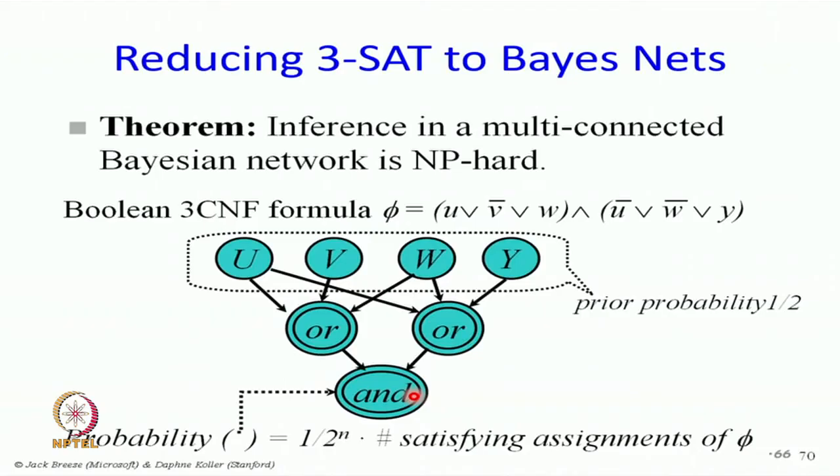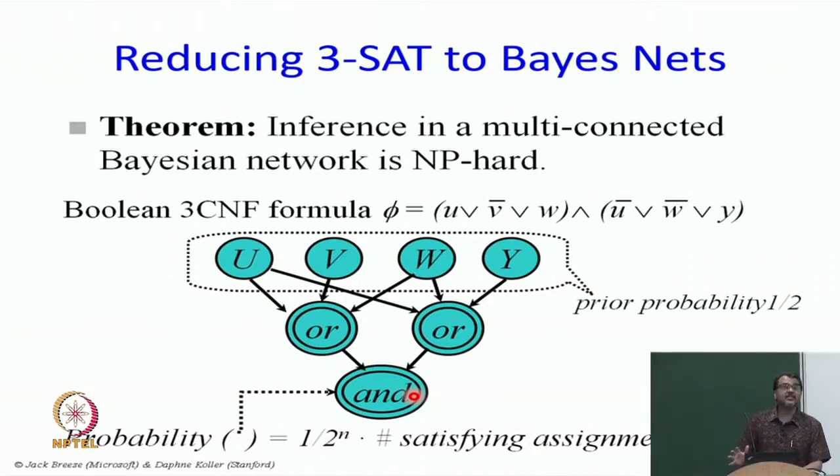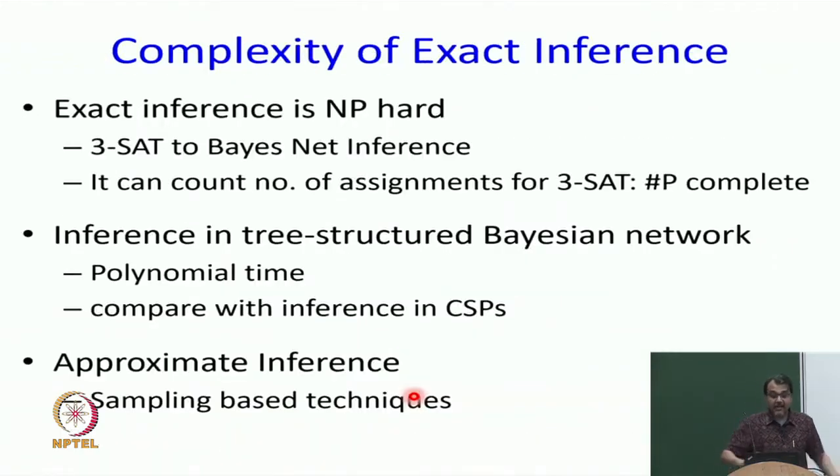So, what is very interesting is not only is the Bayes net telling you if the SAT formula is satisfiable or not, it can do something bigger. It can count the number of solutions of the SAT formula. So, if we can do Bayesian network inference, not only can we do SAT, we can also figure out how many solutions that particular SAT formula has, and that particular problem is, by the way, called model counting.